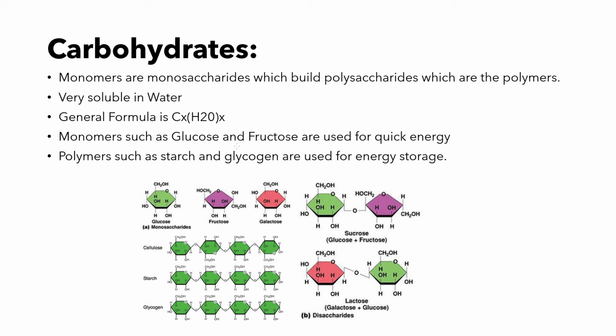If the x in this situation is equal to 6, for example, using our formula here, I can write C6 and (H2O)6. If we multiply this out, then this is C6H12O6. And this is glucose.